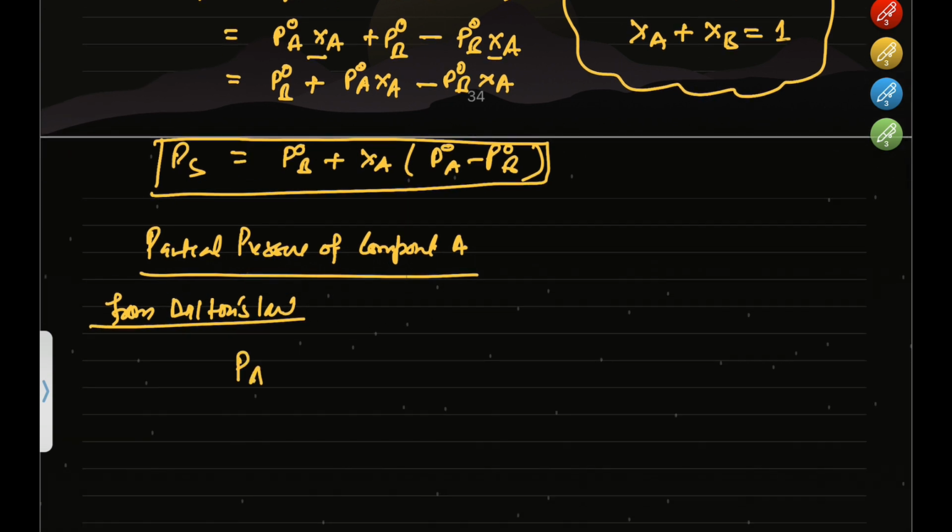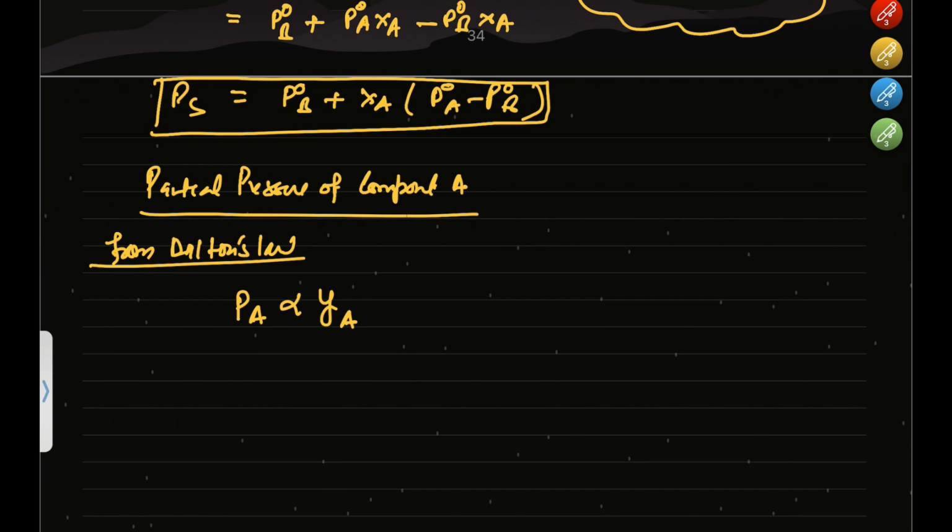The partial pressure of component A is directly proportional to the mole fraction of A in the vapor phase, whereas in Raoult's law, the partial pressure of component A is directly proportional to the mole fraction of component A in the liquid phase. So in Dalton's law, the partial pressure of component A is directly proportional to the mole fraction of component A in the vapor phase, and the proportionality constant is the total pressure P times the mole fraction of component A.